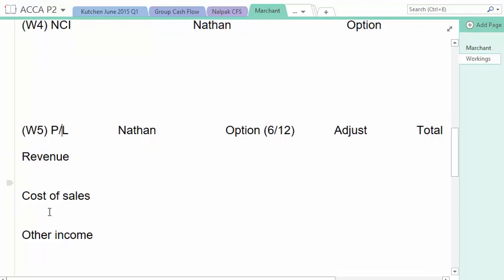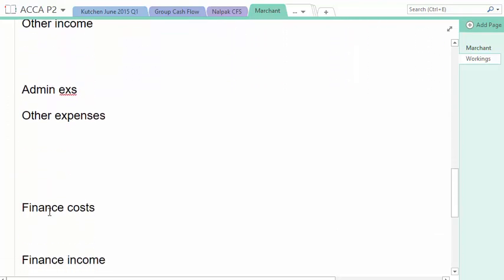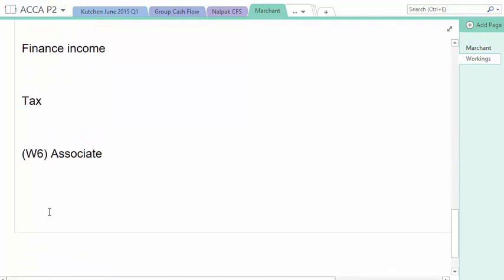And all I do is I copy the headings from the question. Again, experience tells me that we need to leave plenty of space here because there's likely to be lots of adjustments to make. I've identified that we've got an associate, so I've set up a working for the associate, and there may be other workings required as well.